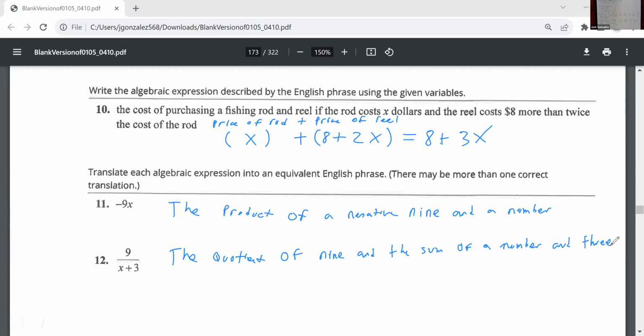Or divided by. I have to say sum first, so we know both at the same time. Both are at the bottom.